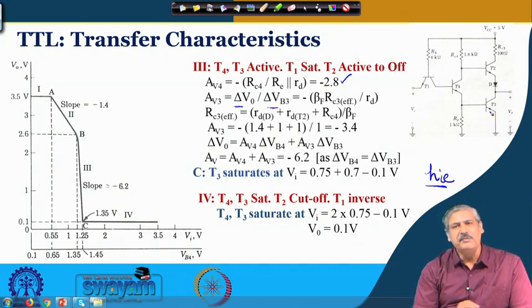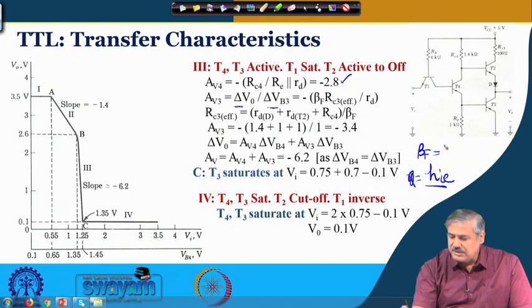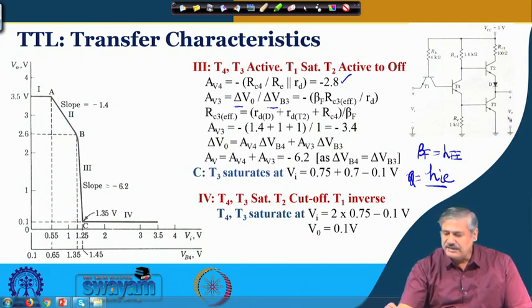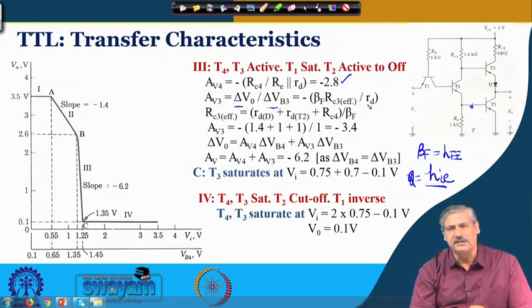And this can be calculated using the beta forward, which in H parameter terms is HFE, the current gain in the forward active mode of the transistor. So, this beta forward, the collector resistance for this particular transistor, and the resistance across the base emitter, which is HIE or RD as we have represented it. Clear? So, this is the AB3.